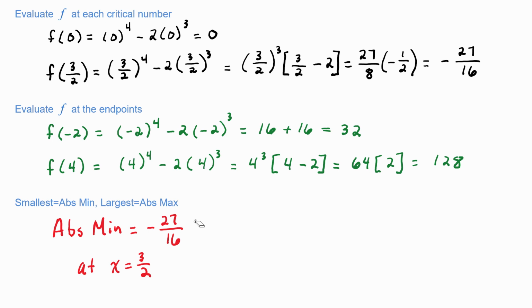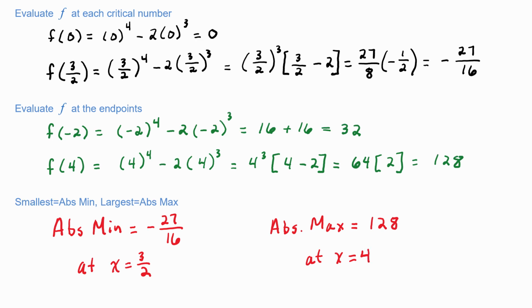The largest y value will be the absolute max, and that's this 128. So the absolute max is equal to 128, and that occurs at x equals 4.